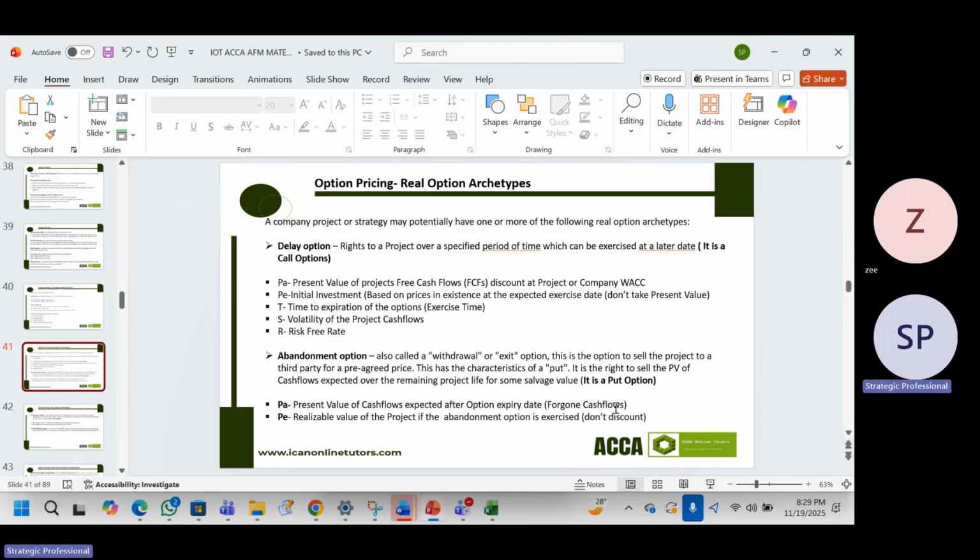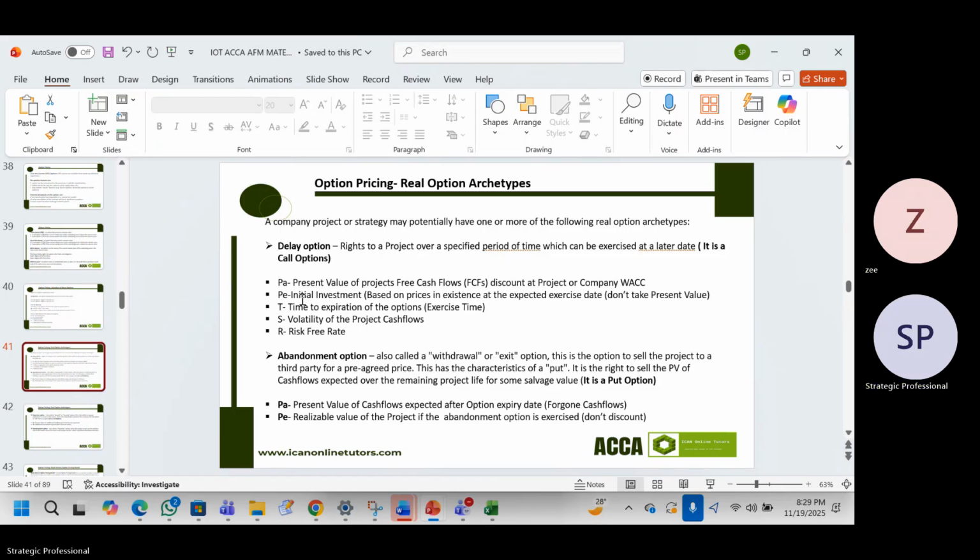Those are foregone cash flows: the cash flows you would have gotten normally if you had not sold it after you sell. That's for abandonment. But for delay, it is all the cash flow up to the point of delay.